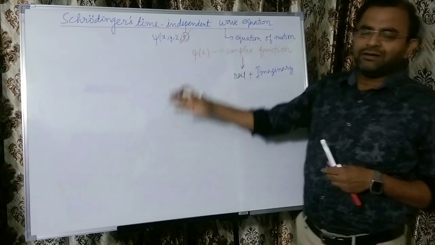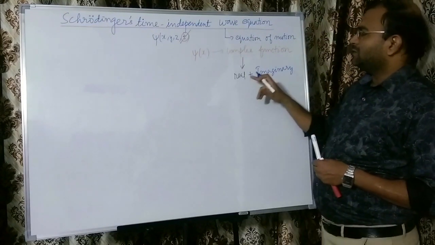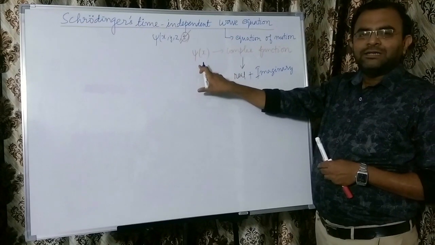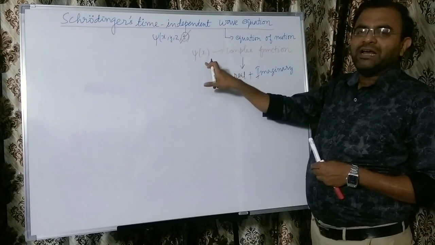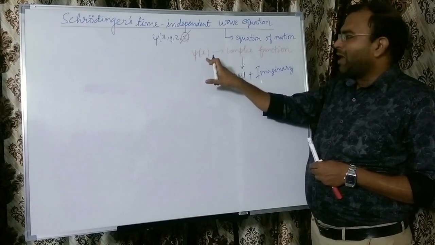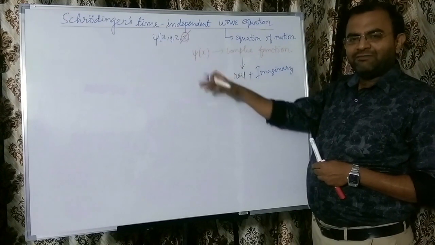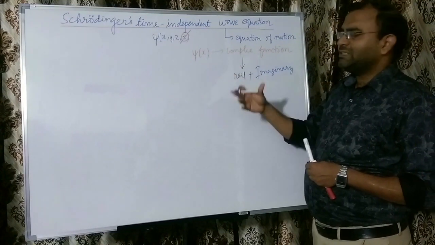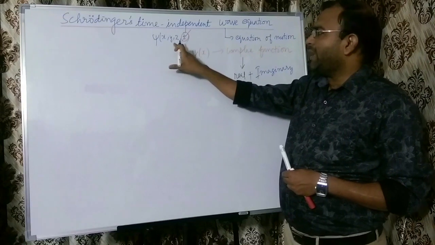So in the entire derivation, we will start assuming that the wave function is going to be only a function of one spatial coordinate x, and then we will generalize that to three spatial coordinates x, y and z.